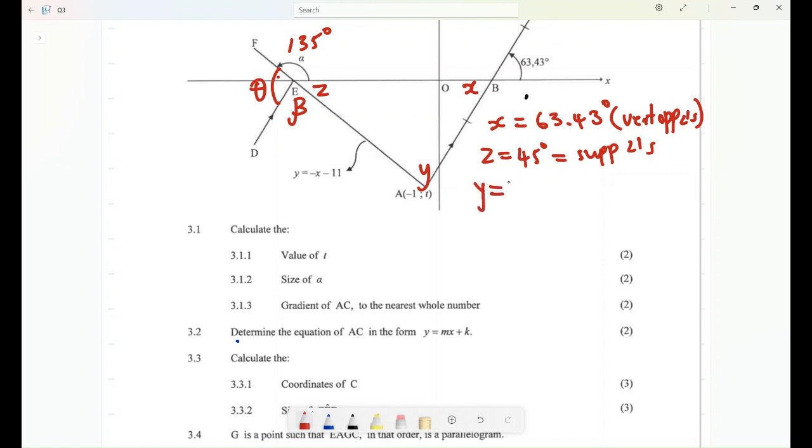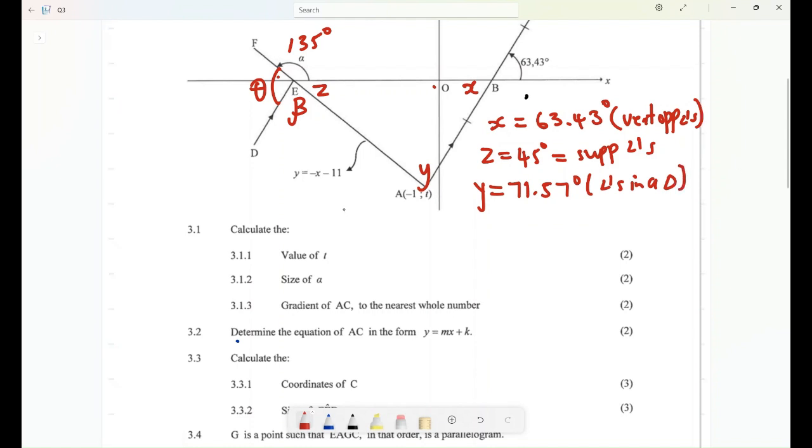Y is going to be 180 minus X minus Z, okay? 180 minus X minus Z. So 180 minus X minus Z, which is 45, okay? I get something like 71.57 degrees. Y, angles in a triangle, however the English term.